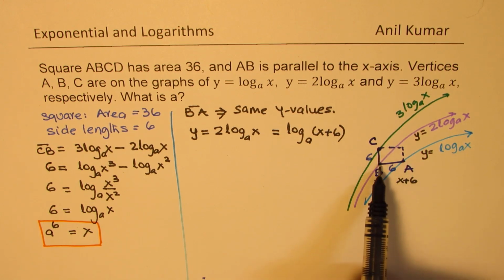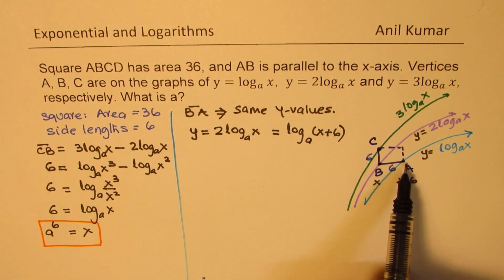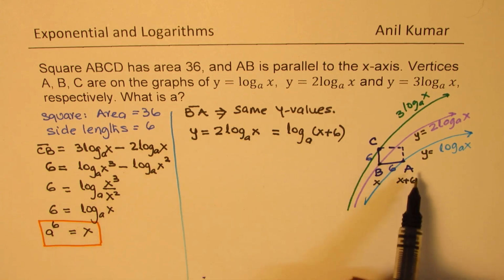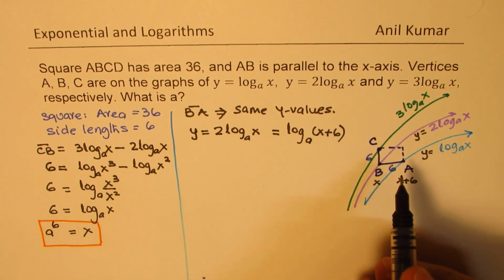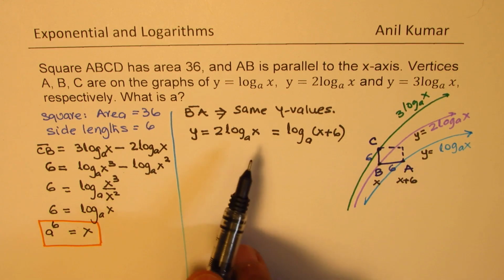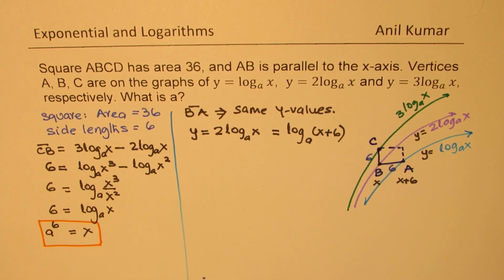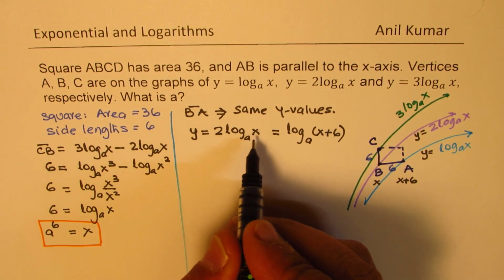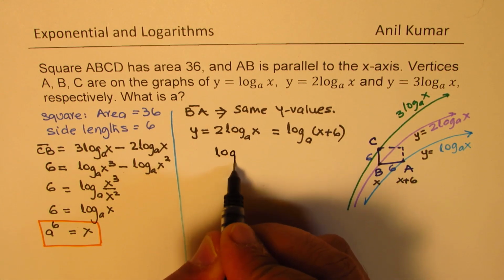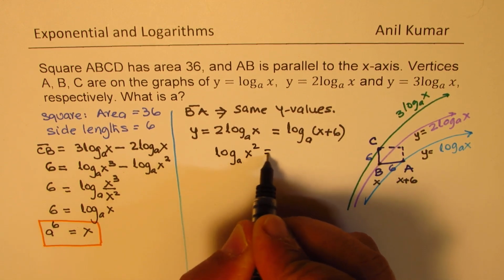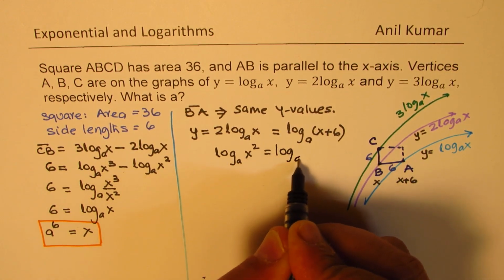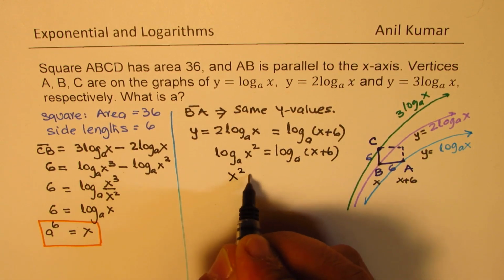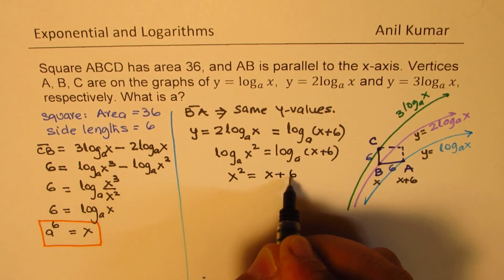When we shift by 6 units to the right, the y values will be the same. So the y value for these 2 points has to be exactly the same. That should give us the second condition. So we could write log to the base a of x squared equals log to the base a of x plus 6, or we get x squared equals x plus 6.